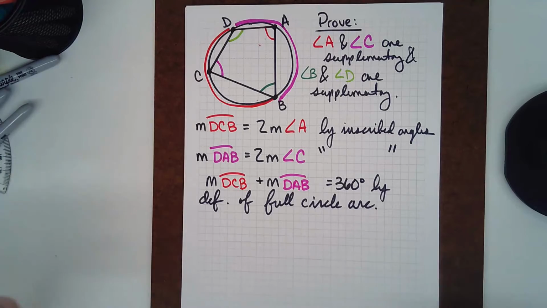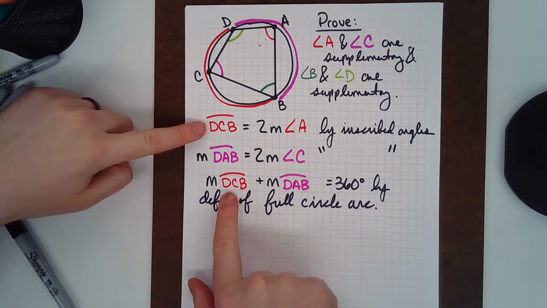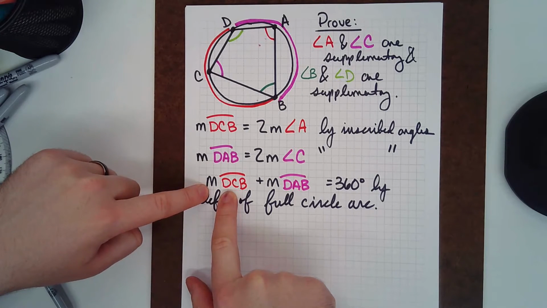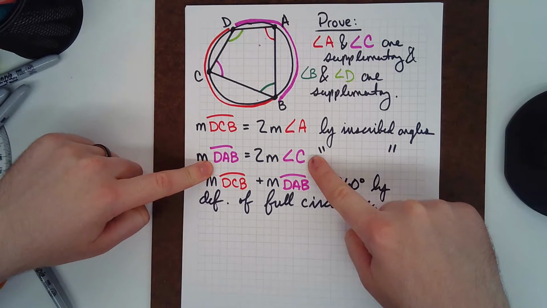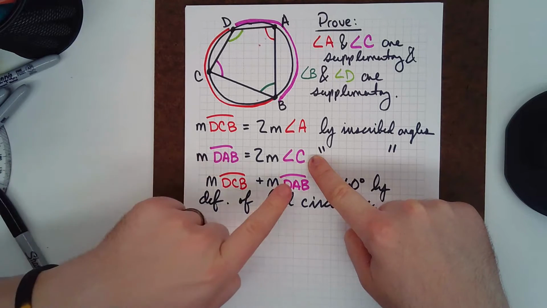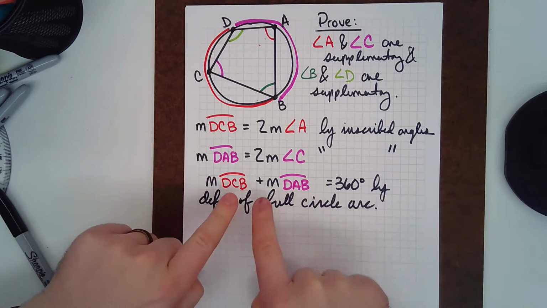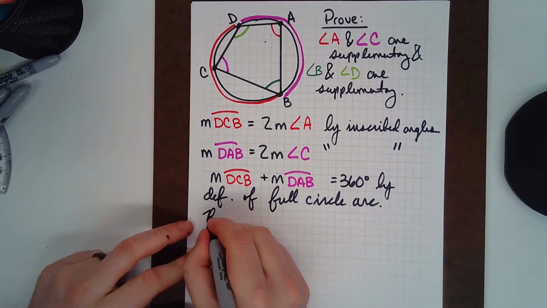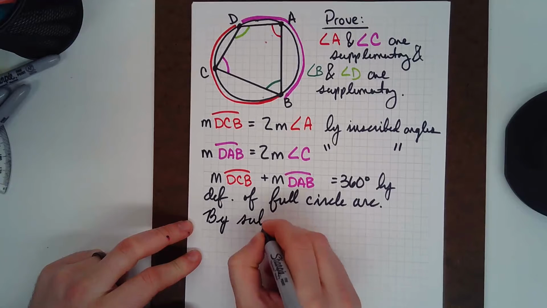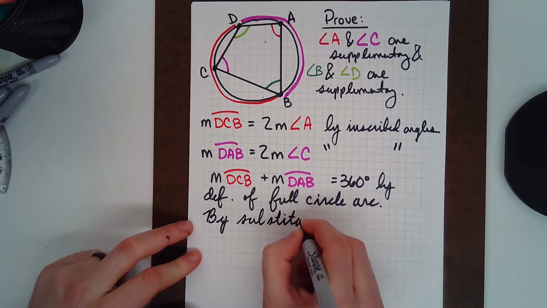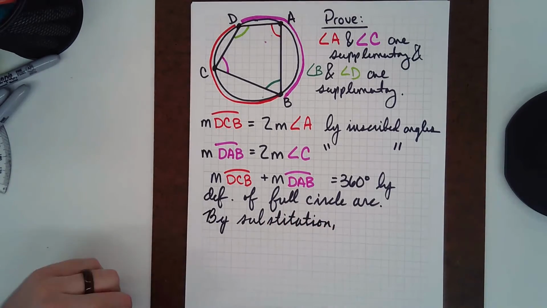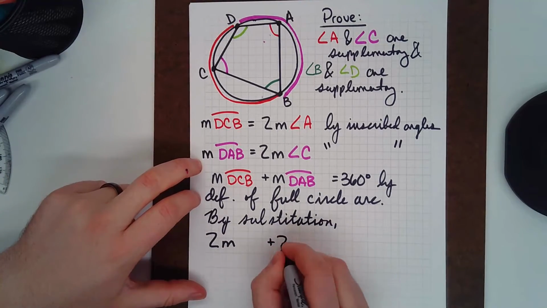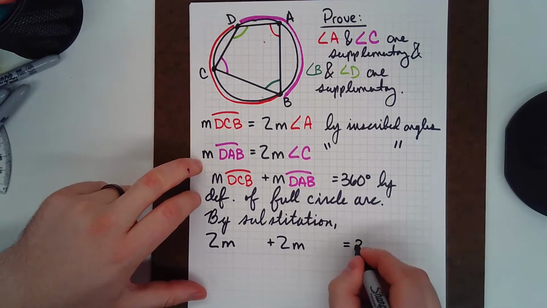All right, so maybe you're seeing where we're going with this, right? We know DCB is the same thing as 2 times the measure of angle A. So I'm going to switch those out here and here. Same thing with DAB being 2 times the measure of angle C. I'm going to switch out DAB with 2 times the measure of angle C, and we're going to know that these two are going to add up to 360. So let me write that. So by substitution, we know that 2 times the measure of angle A plus 2 times the measure of angle C is going to equal 360.